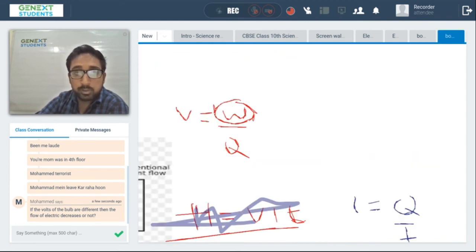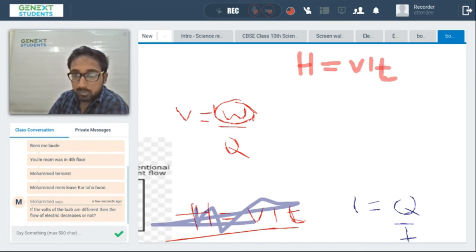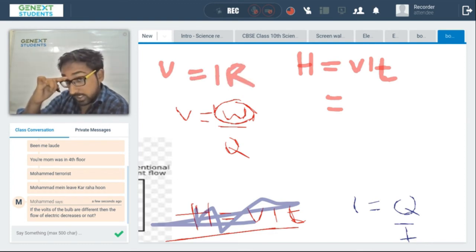So let's see other forms of the formula. Heat is equal to VIT, right? Can I write this V as IR? V is also equal to IR, Ohm's law. So can I substitute it over here?